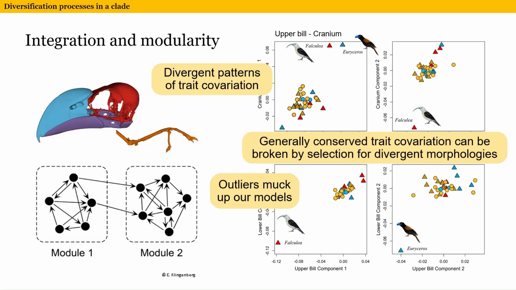But I also saw that this generally conserved pattern could be broken by selection, I think, for these really divergent morphologies. And it could be potentially broken in different ways. I guess the other lesson here is outliers are important and also hard to deal with statistically.